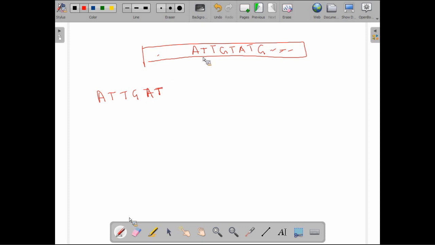Now I have, let's say, AT, C. This is my pattern. This is the DNA. This is the G. Now, watch it carefully. Now I am matching. I am at position I. So this is my I. And this is my G. I am matching. So far it has matched.